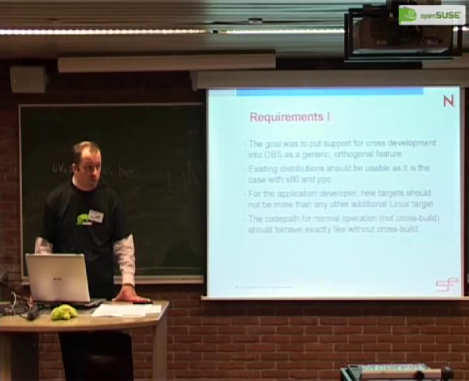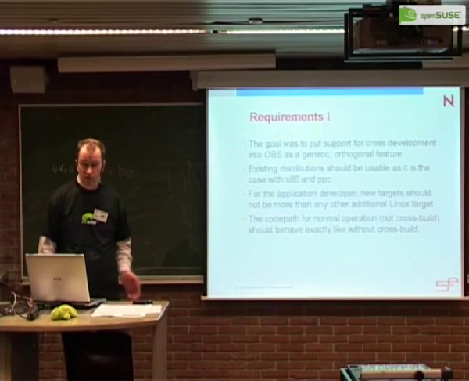And the next thing is that we had to cope with existing distributions. So it was not acceptable to rebuild everything from source. We wanted, as with the current build service, to keep the paradigm that you could use and reuse existing build distributions. That means Fedora, Ubuntu, whatever.